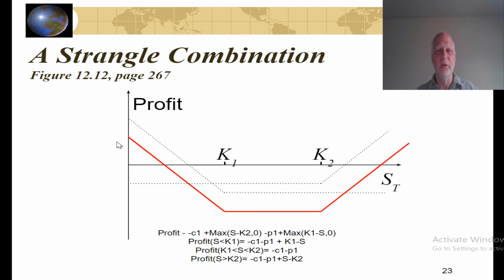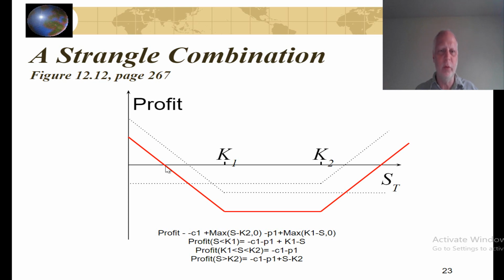So that is another volatility bet, a strangle combination, and you will make money if the stock price goes up a lot or down a lot. If it stays between K1 and K2, or not too far below K1 or above K2, then you will lose money.